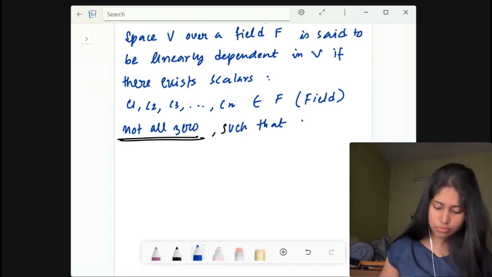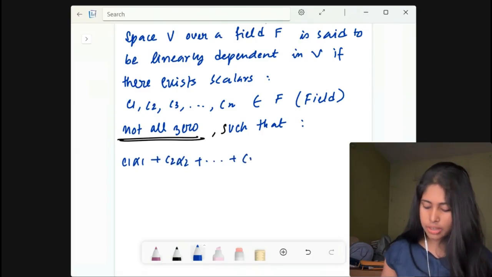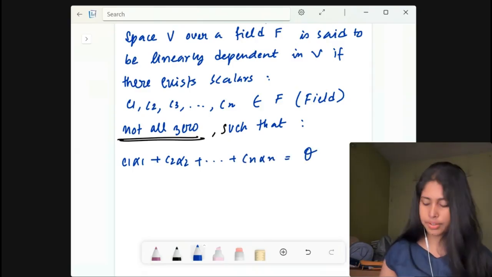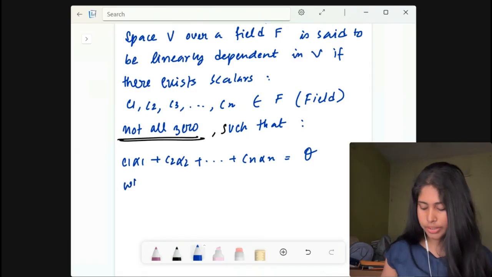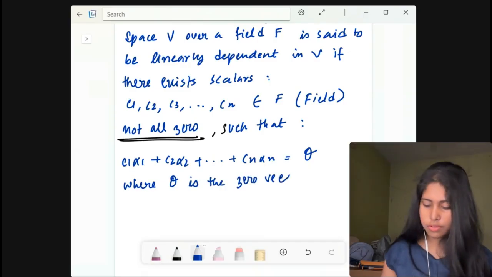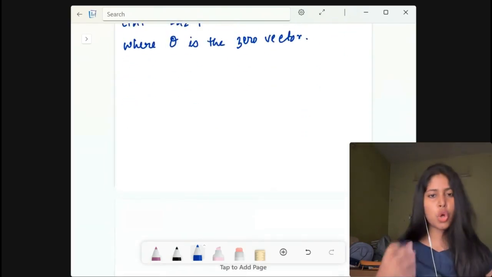Such that C1 alpha 1 plus C2 alpha 2 goes on till Cn alpha n is equal to theta, where theta is the zero vector. Okay, now basically, what does this not all zero mean?